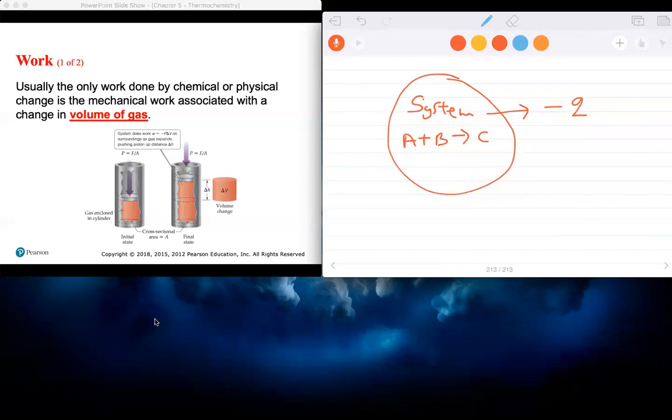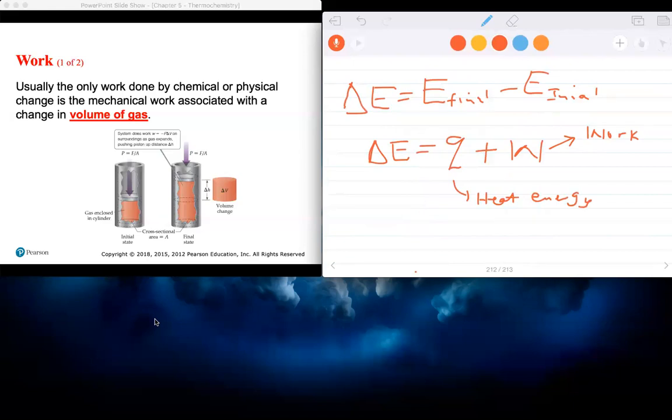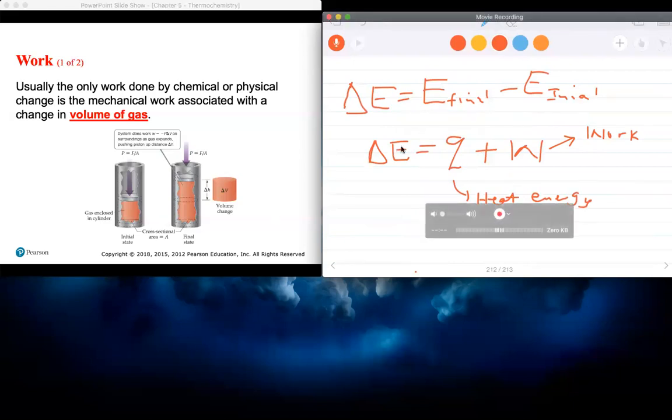This means negative, this means positive, carrying into the system. Work also could be positive W, or it could be negative W, so that when you plug into this equation, you should see the final sign of E depending on the sign for Q and the sign for W.